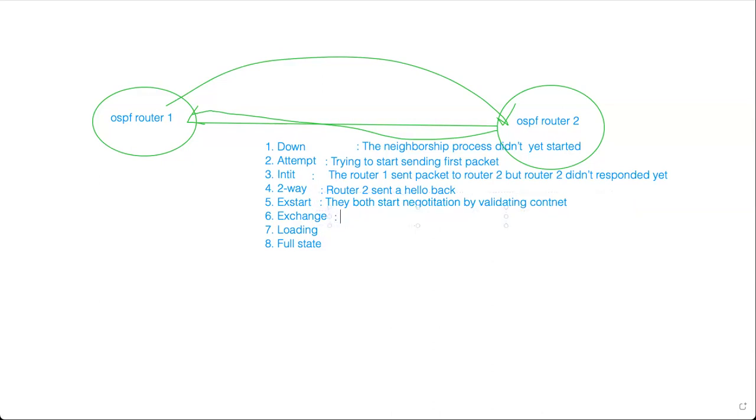Exchange state. They both start exchanging their database.